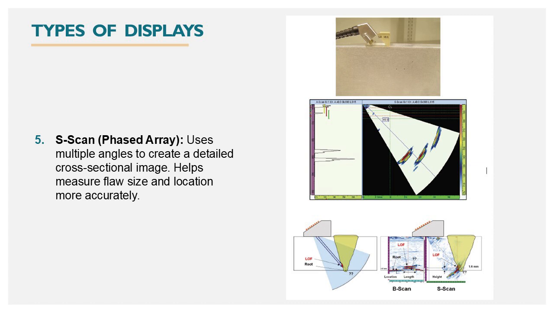This constructive interference is controlled by the amount of time delay in element excitation and can steer the sound through a range of angles. This array of beam angles is then plotted to create the sector scan. The ultrasonic energy provides responses in a pulse-echo fashion as with conventional straight beam and angle beam techniques.